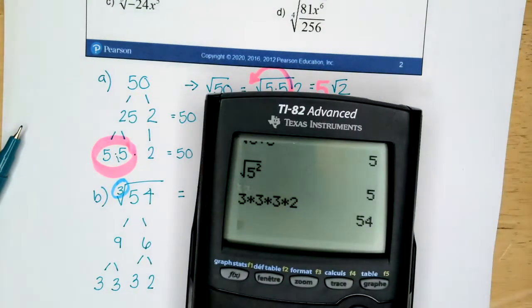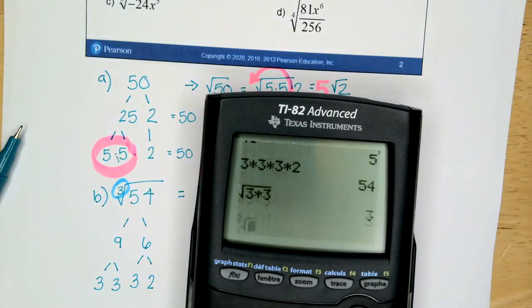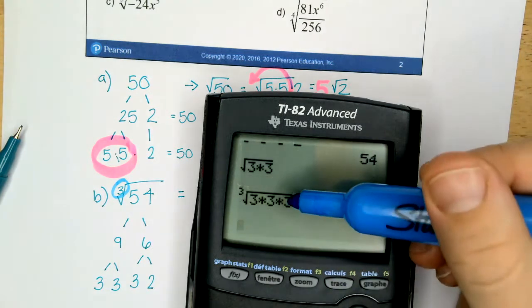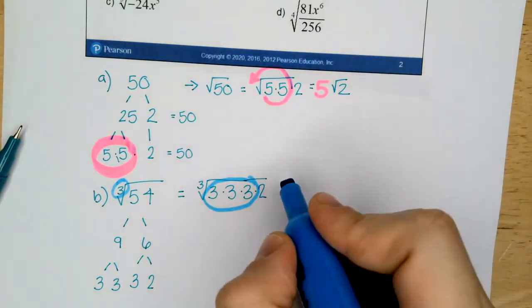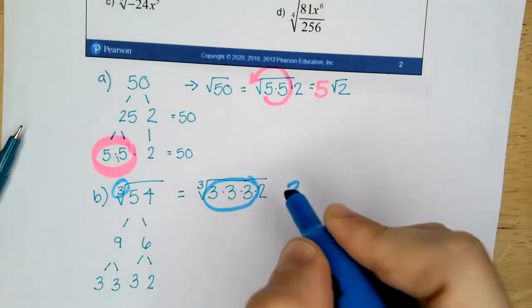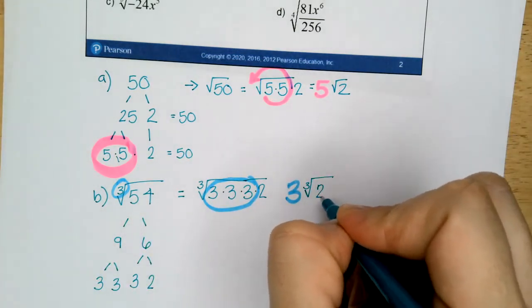The square root of 2 3s is 3, but the cubed root has to be 3 3s. So you want the quantity of the term to equal that before you can take it out. So that becomes 3, don't forget the cube sign, cube root, and then the 2 stays inside.